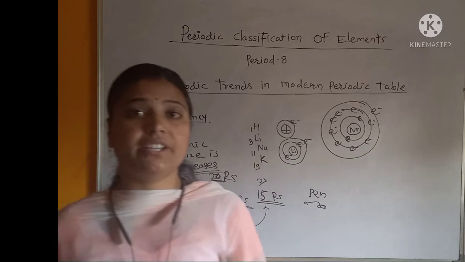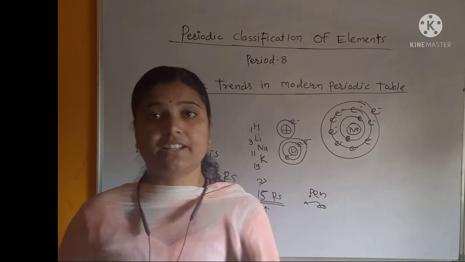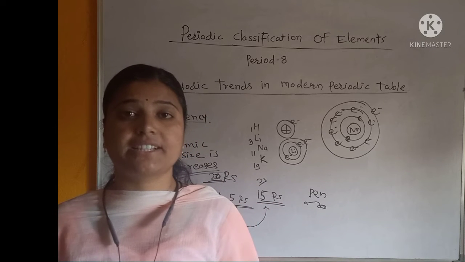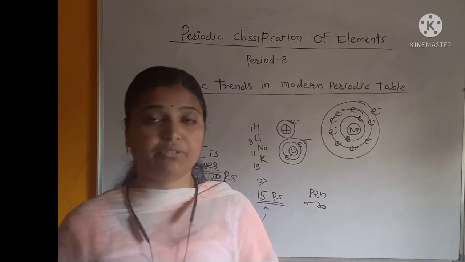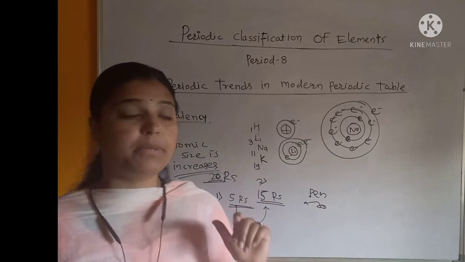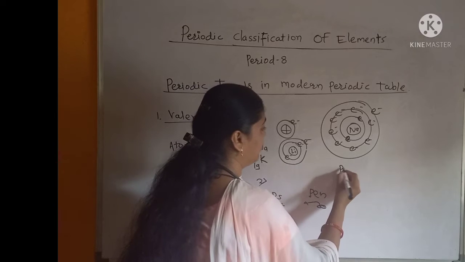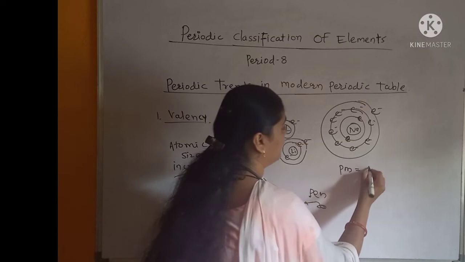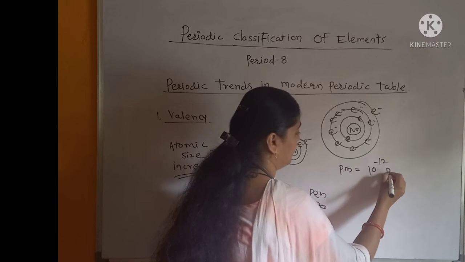Basically, atoms are very small, tiny particles. Hence the atomic size is measured in picometers. The unit of atomic radius is the picometer, pm. 1 picometer is equal to 10 raised to minus 12 meter.